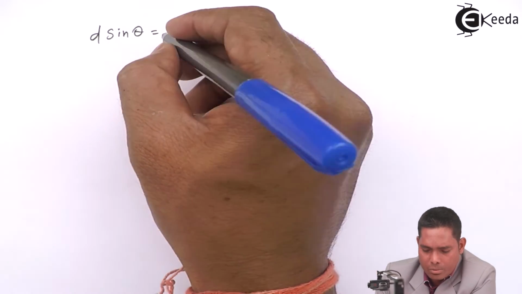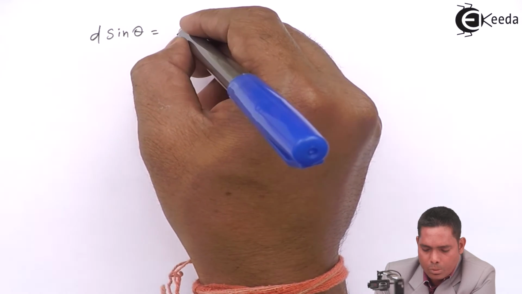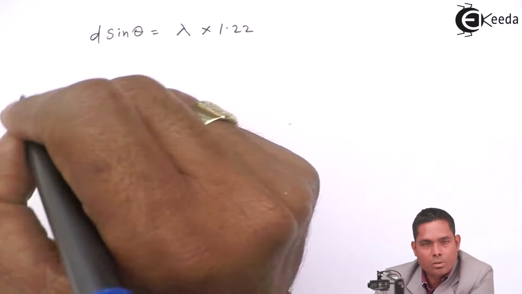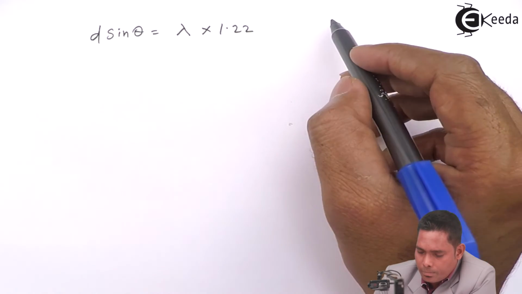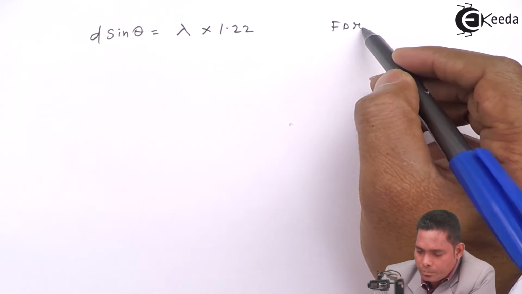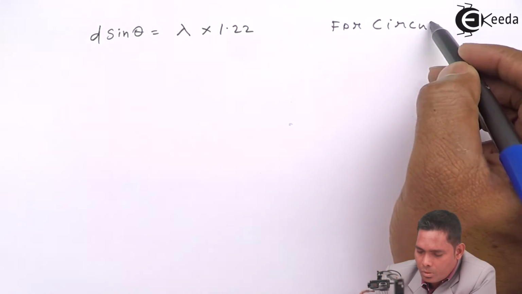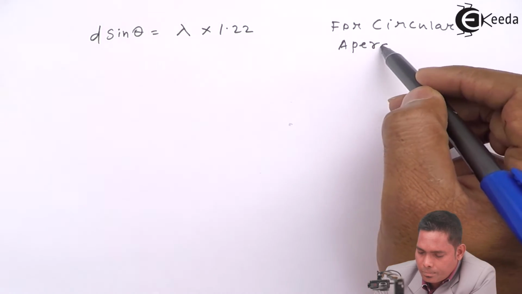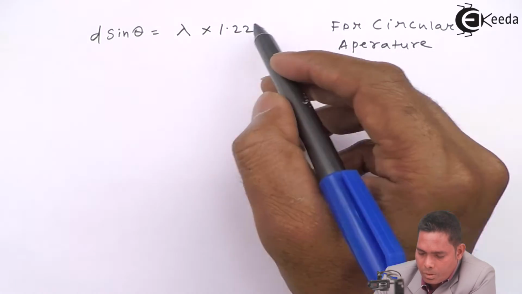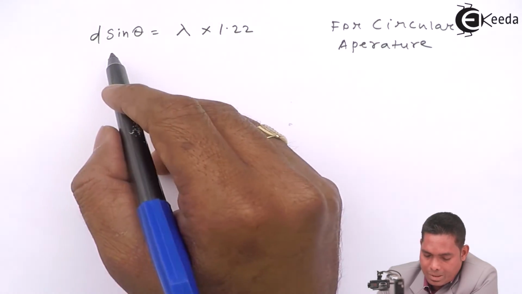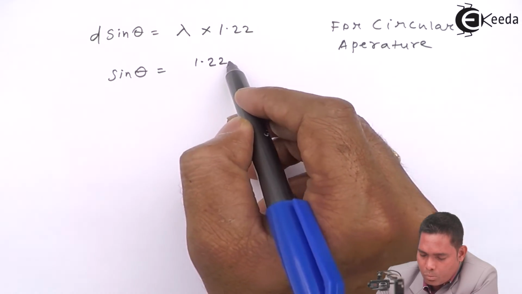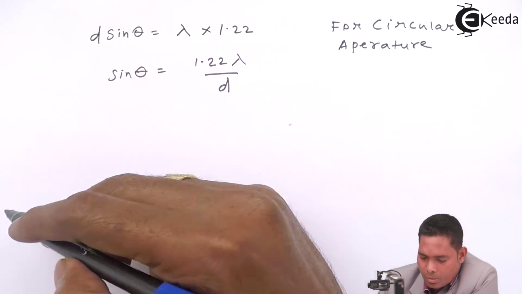This is the formula that you are using, and for circular objects we multiply by 1.22 for a circular aperture. So from here, sine theta comes out to be 1.22 lambda divided by d.